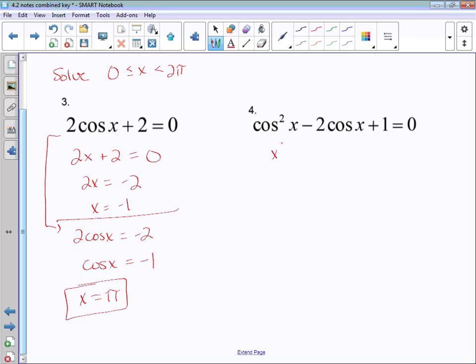What if we had x squared minus 2x plus 1? Factor, yes. What does that factor into? Good start with the x, guys. Good start. -2, minus 1 and -1.